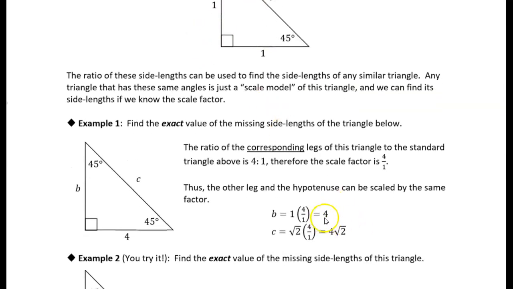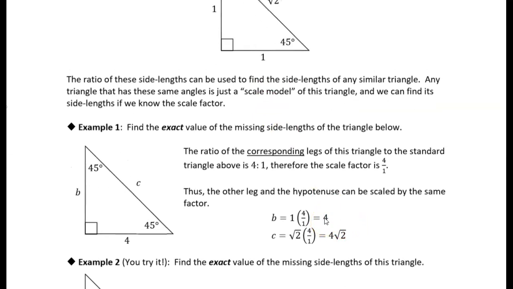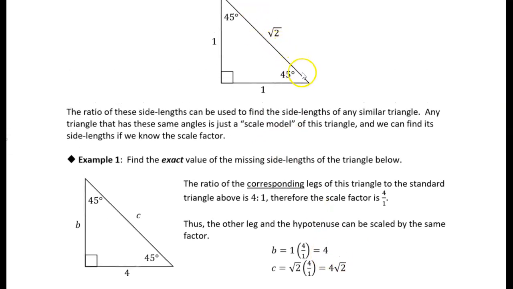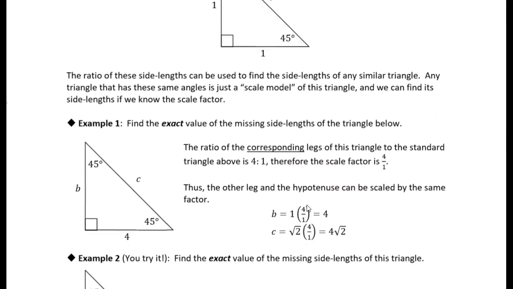So it also has to be 4. And then we're scaling up the hypotenuse also by a factor of 4. So we're going to take the square root of 2 and multiply it by 4. So the hypotenuse has to be 4 square root 2. Okay, just using a scale factor, right? We're scaling all of the sides up by a factor of 4.